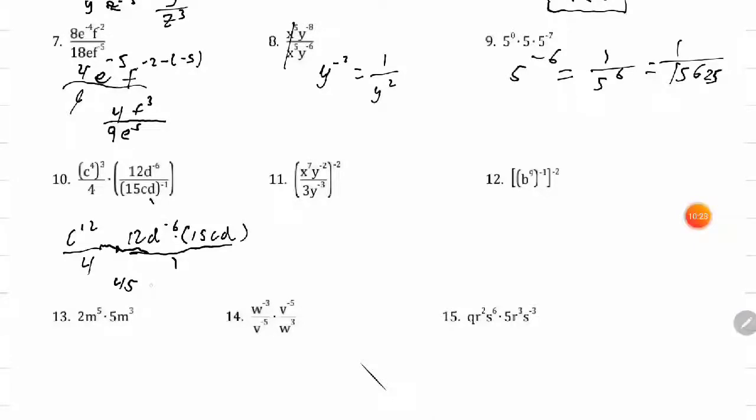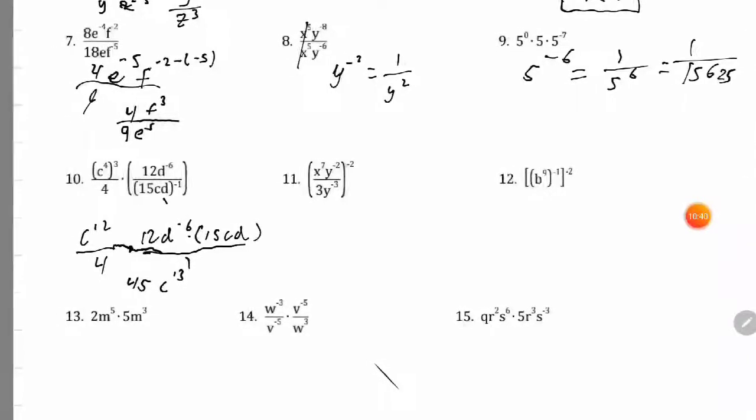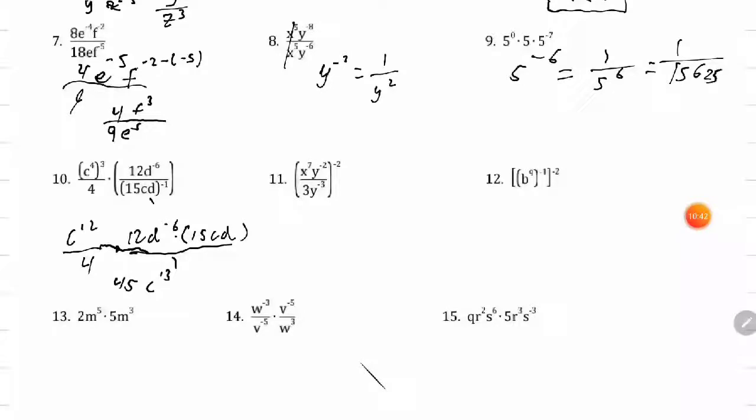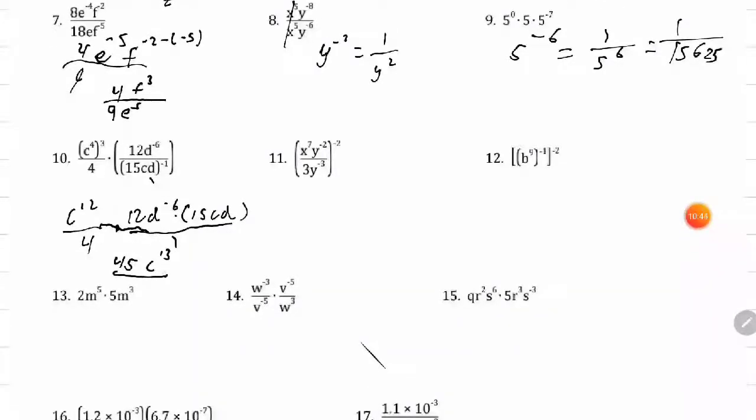So that is c to the 13th. Okay. And then we have d to the negative 6 times d to the first, that becomes d to the negative 6 plus 1, so d to the negative fifth. And then the d to the negative fifth becomes d to the positive fifth because we move it down.